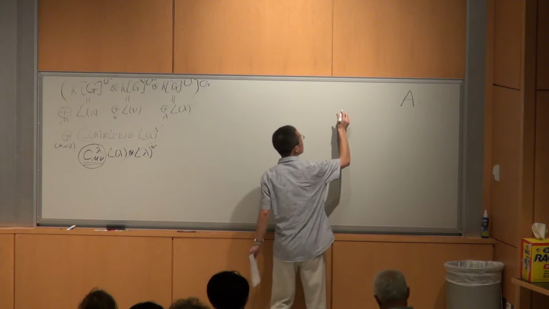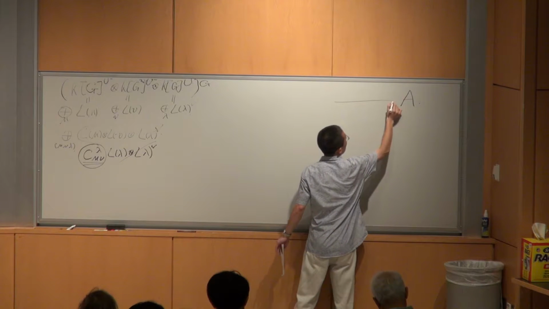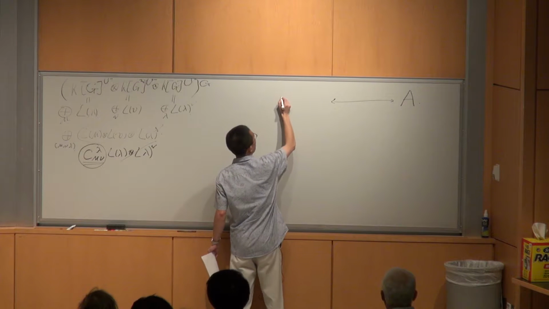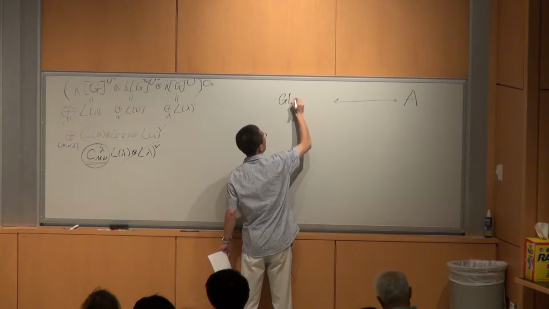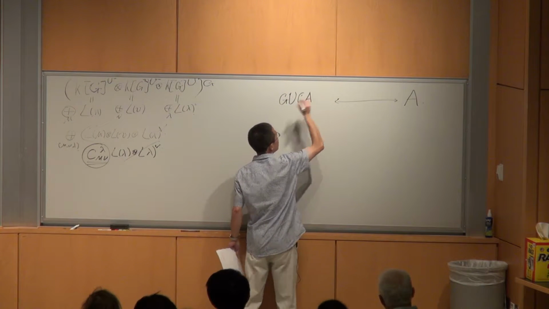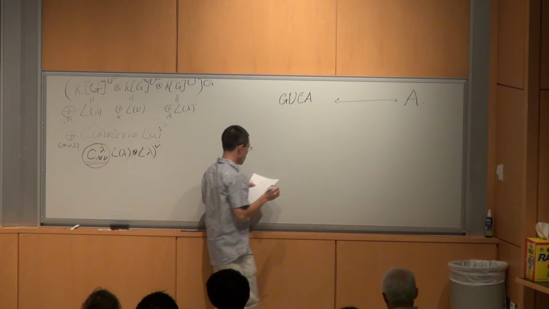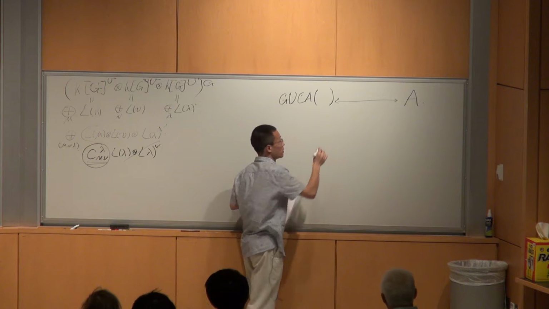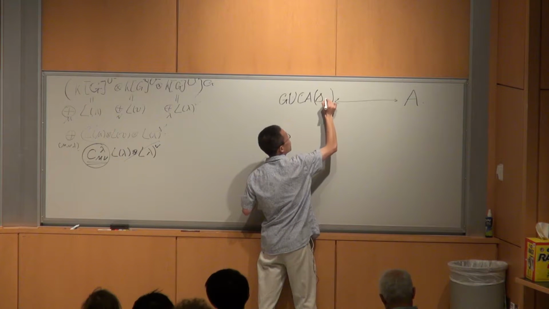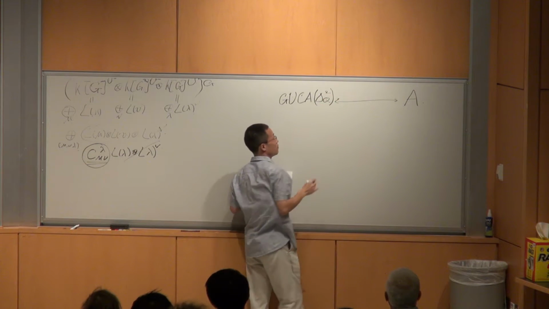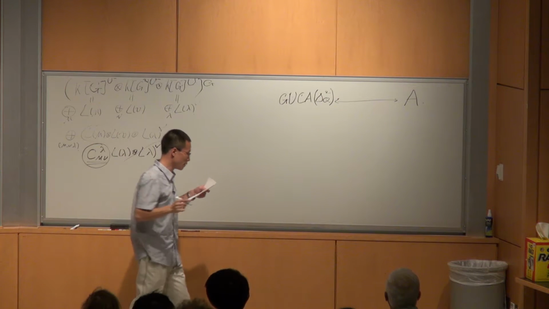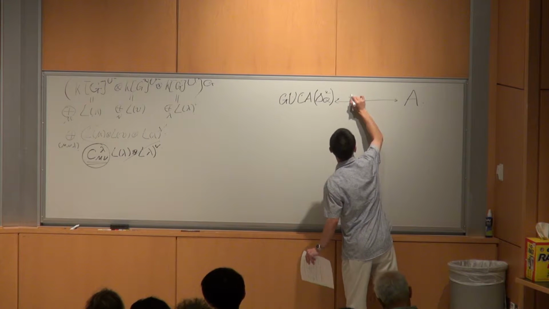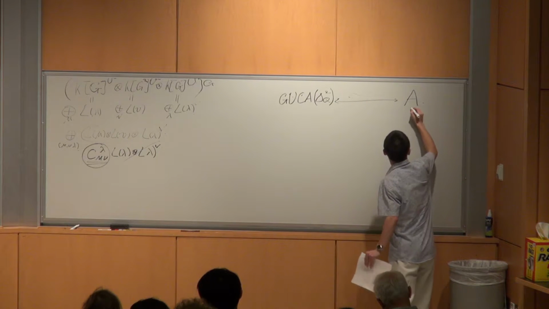The picture is that I'm going to show that this is an upper cluster algebra, a graded upper cluster algebra. To define an upper cluster algebra, you need to specify a quiver. I'm not going to tell you what the quiver is, but we'll talk about it later. They are isomorphic.